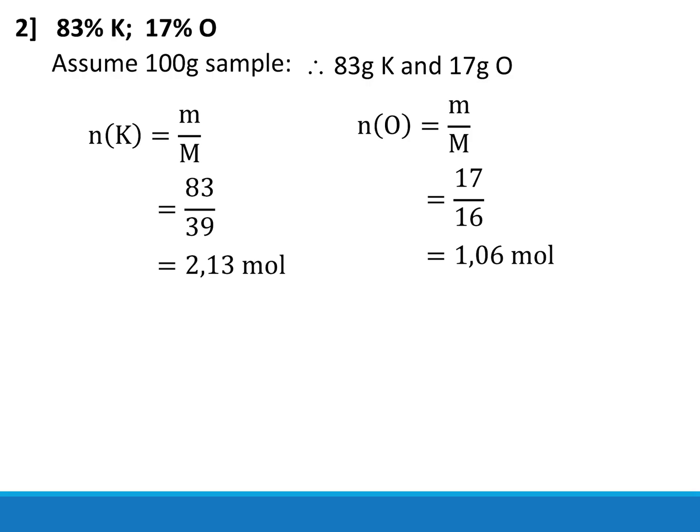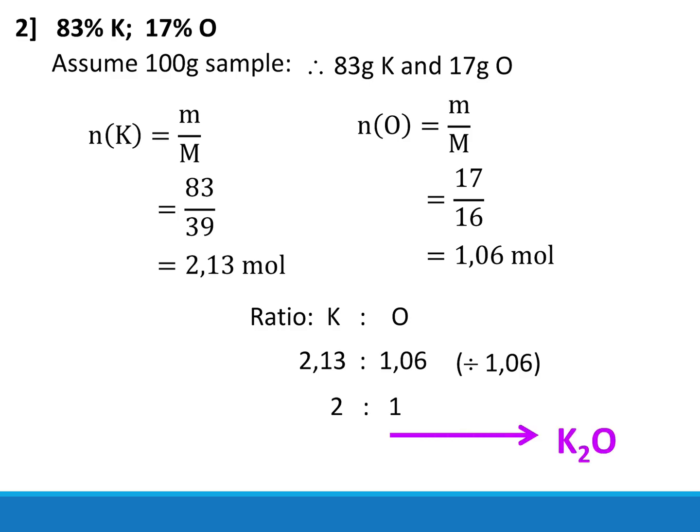Hopefully you guys can see already what the mole ratio will be. We've got K to O, potassium to oxygen, 2.13 to 1.06. We're going to divide by the smallest value, which is the 1.06. That gives me a 2-to-1 ratio, K to O. Guys, if you need to stop the video to write this down, then that's what you need to do, or to think through this before you move on.